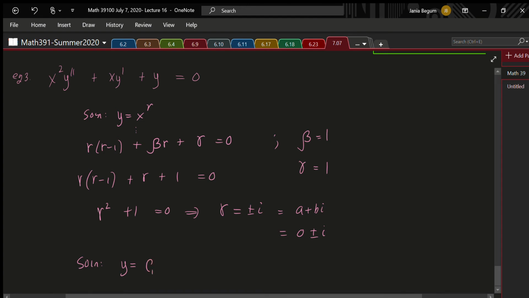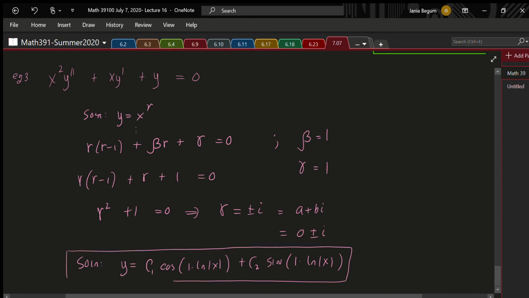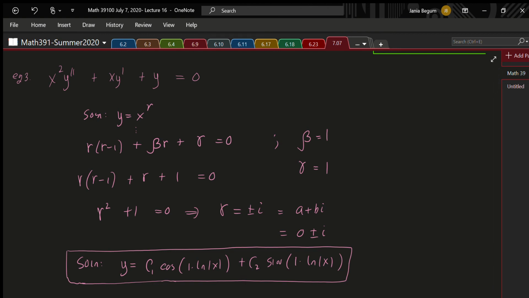So you're just going to have c1 cosine of b ln of x, where b is 1, so 1 ln of x, plus c2 sine of 1 ln of x. This would be the solution to this particular problem. So you get to see one of each: distinct real, repeated real, and complex. Any questions on any of these different scenarios?